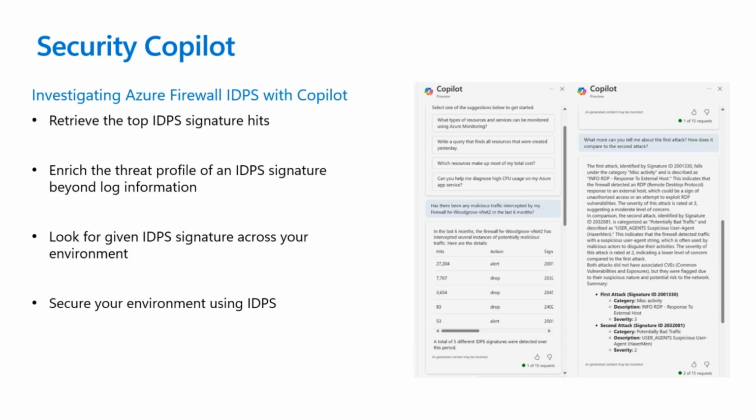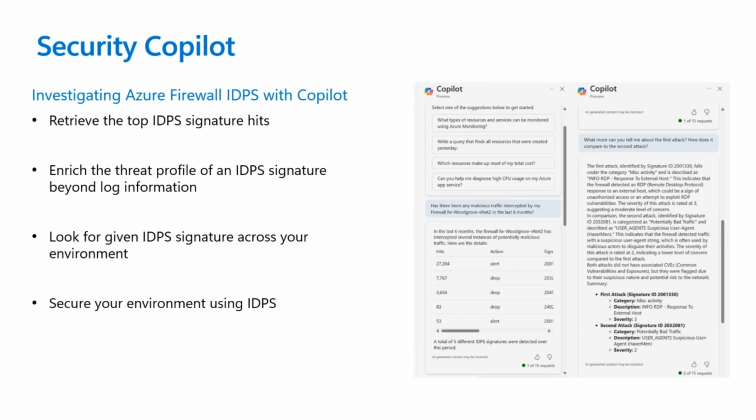The advantage of using the Security Copilot is that it is available directly through the portal now, so you can just click on the Copilot and start asking your questions in natural language without having to know a lot about custom queries and building your queries from scratch. And then it also allows you to do the investigation across all the different firewalls that you have.